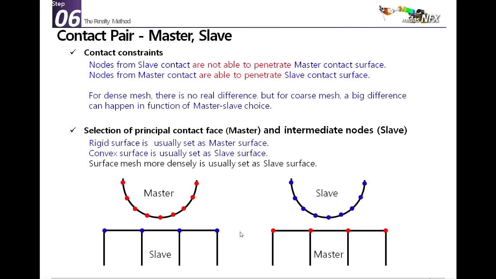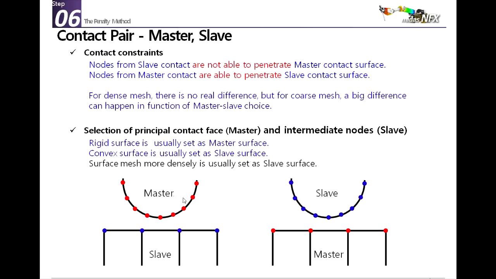an accurate contact. Then you have a contact pair, master and slave. So you have what is called the master, what is called the slave. There's a difference between the two, because the nodes from the slave contact are not able to penetrate the master contact surface, but the nodes from the master contact are able to penetrate the slave contact surface.